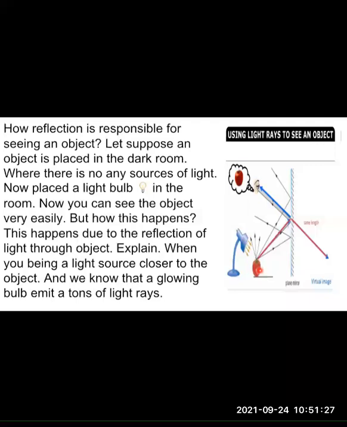And these rays of light will ultimately reach our eyes and an image of the object will be formed. And this is how we are able to perceive all the things that are kept in that room. So ultimately you can say this source of light in the form of a bulb is emitting tons of rays of light.